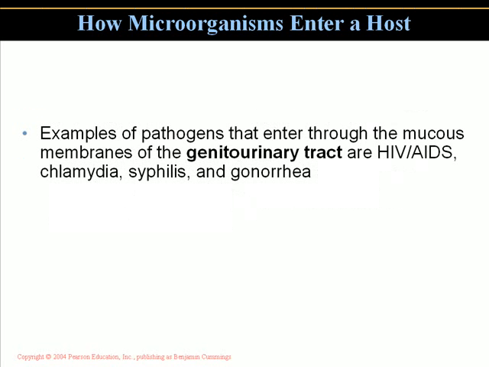Examples of pathogens that enter through the mucous membrane of the genitourinary tract include HIV disease and AIDS, chlamydia, syphilis, and gonorrhea. So you can see that all of the sexually transmitted diseases can certainly enter through the genitourinary tract. However, some of these same organisms can also be transmitted orally as well.